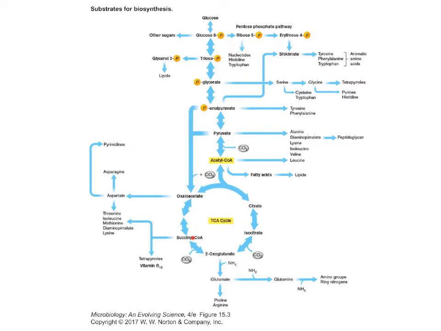Coming down here in the TCA cycle, you have succinyl-CoA that can be branched off and go into other amino acids, or even some vitamin B12 synthesis here. So again, this is just an overview to show you where some of these intermediates can be taken in terms of going back in the other direction and doing biosynthesis.